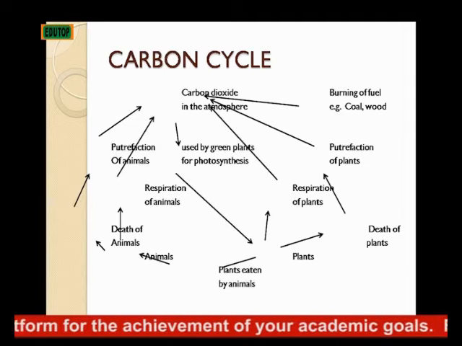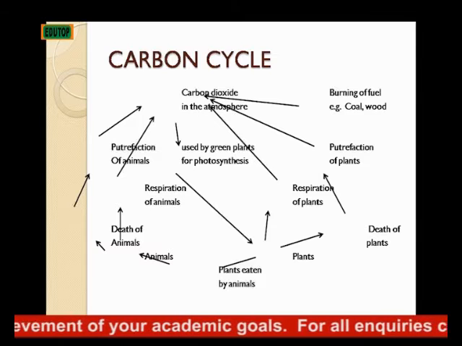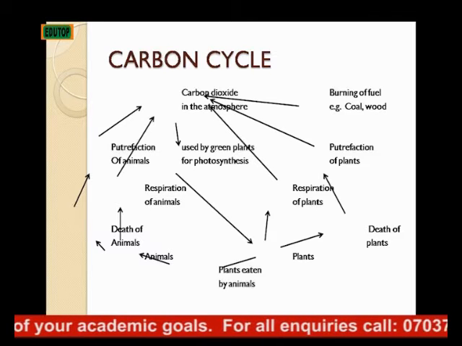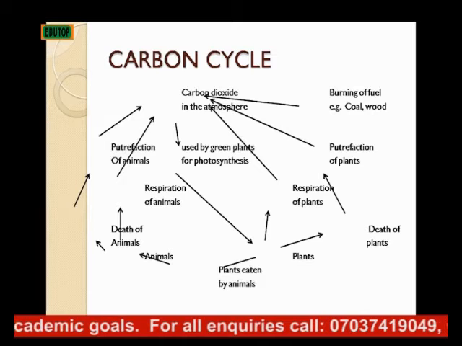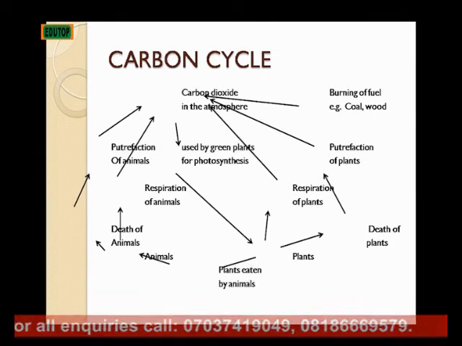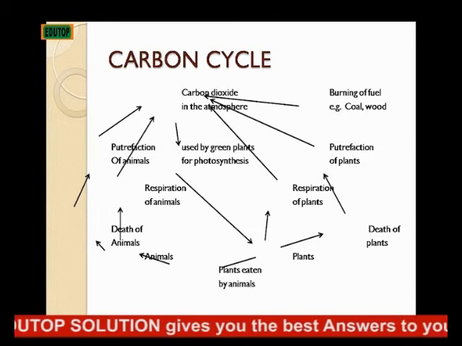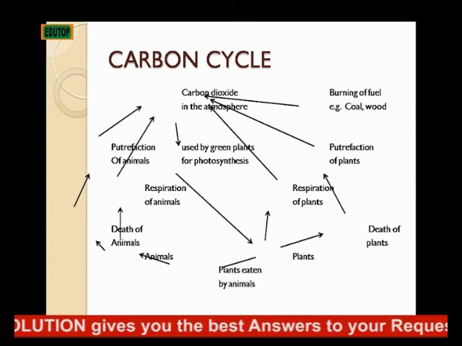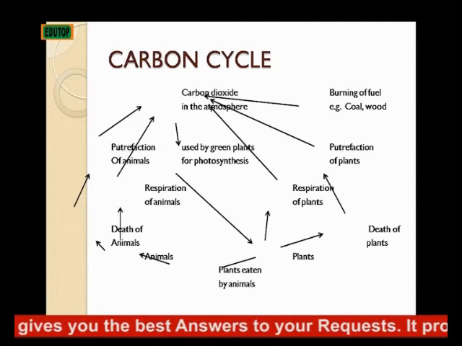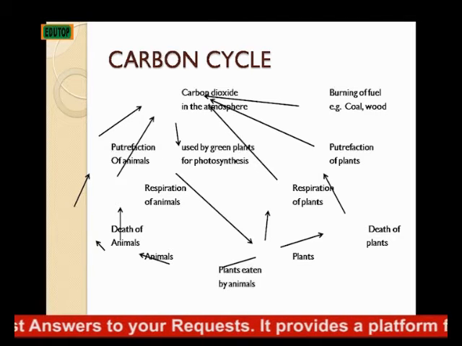Then you have the plants respiring, the animals too respiring. Then eventually the plants and the animals die. So they also give up carbon dioxide in decay. When they decay, you have carbon dioxide in nature. So that's the cycle. The cycle keeps continuing like that. So that is how carbon flows in the environment.